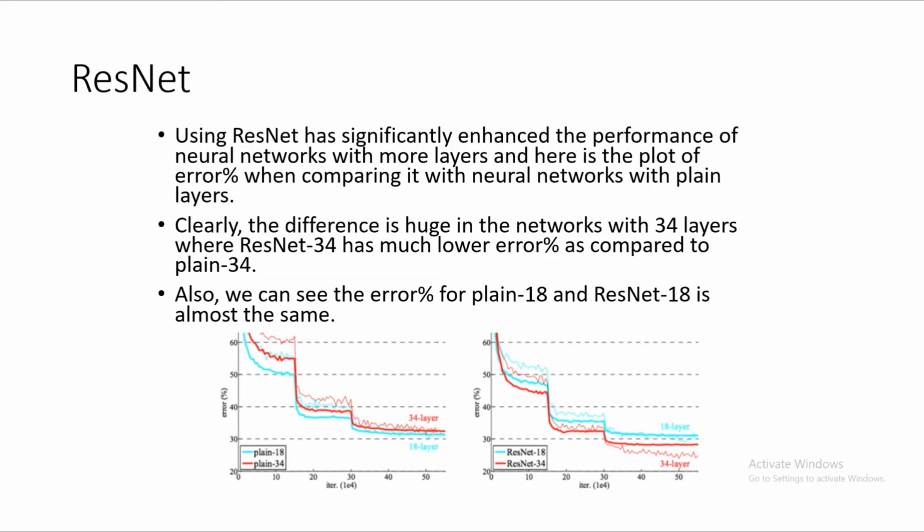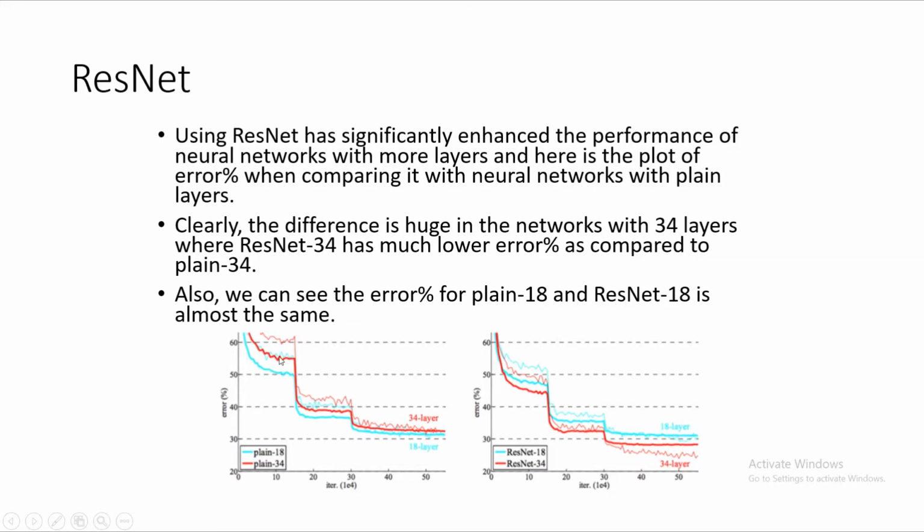Also we can see the error percentage of plain 18 and ResNet 18 is almost the same. Here we can see plain 34 and plain 18, and in the case of plain 34 the error is higher as compared to plain 18.